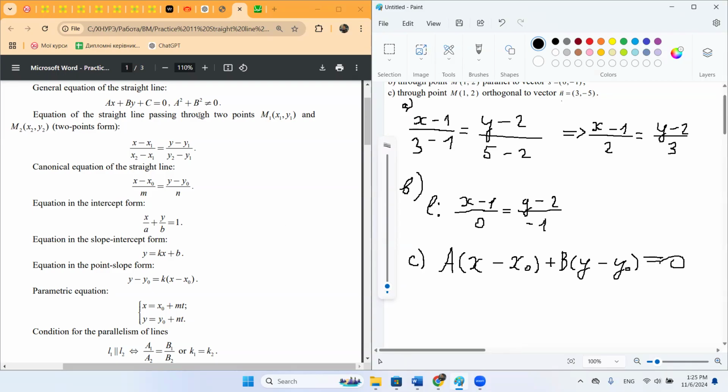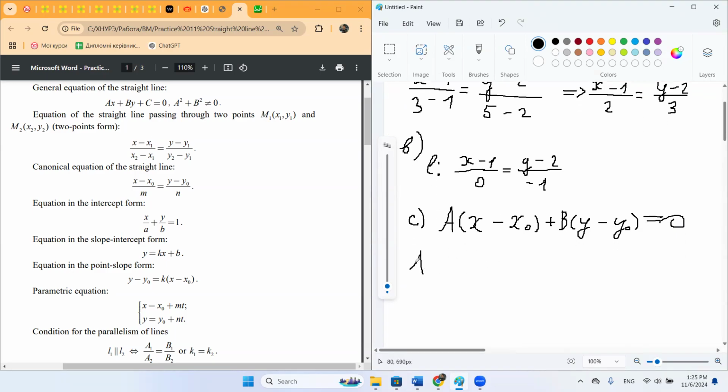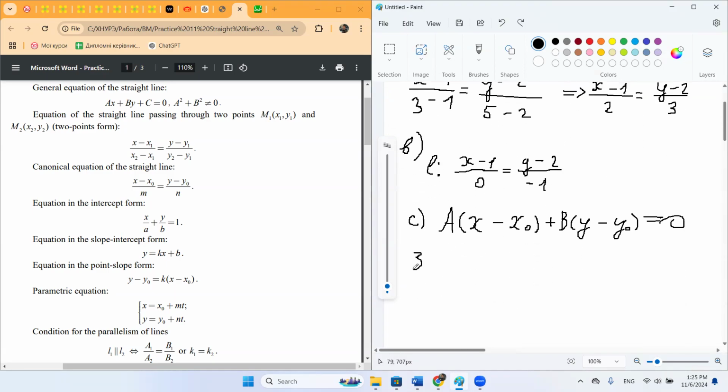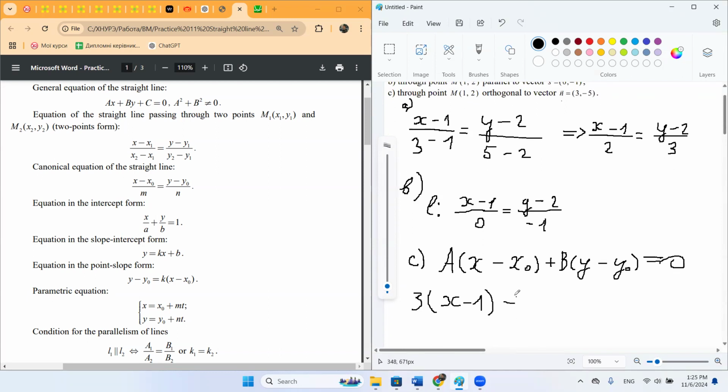And then it is reduced to the general equation. So what we have here? A in our case is 3. So 3(x minus 1) minus 5(y minus 2) equals 0.